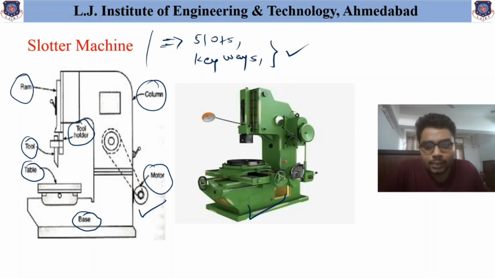So the primary motion required in the case of this slotter machine is the vertical reciprocating movement of the tool.